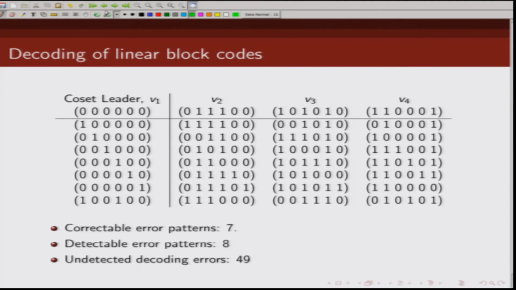Okay. Now, let me explain what I mean by correctable error patterns, detectable error patterns and undetected decoding error. So, out of all these possible error patterns, which are the error patterns that are correctly decodable?